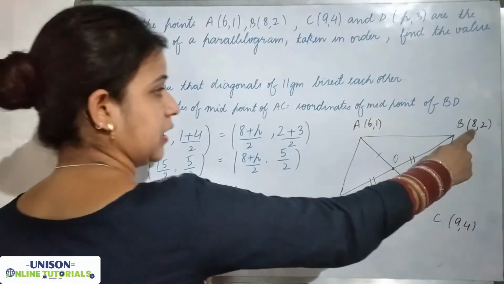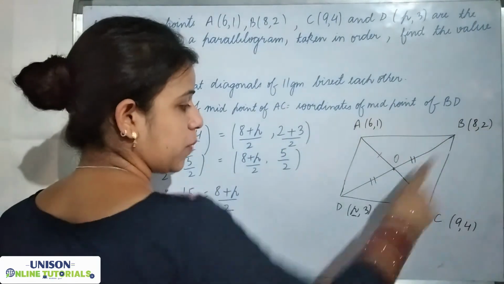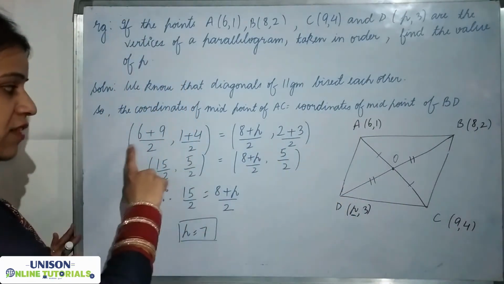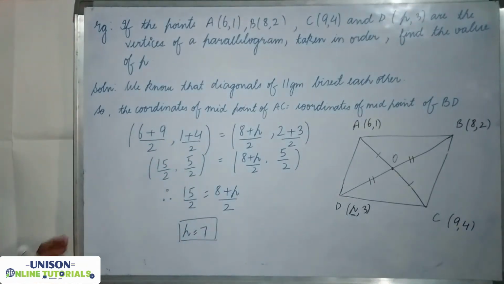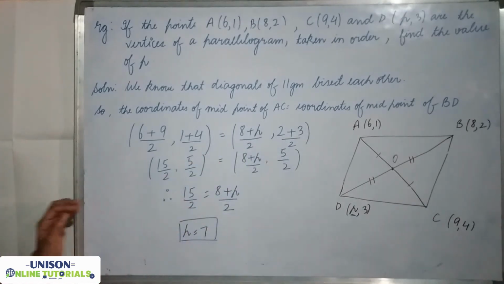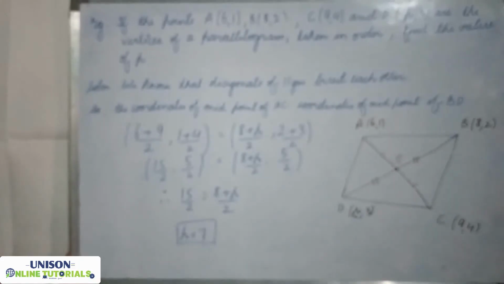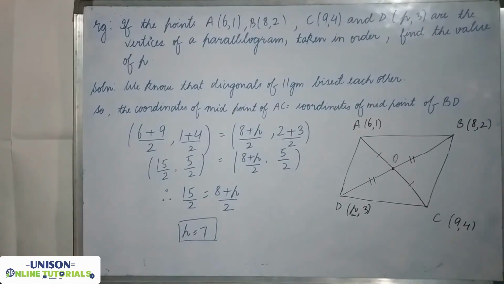Similarly, for BD, (8 plus p) by 2 and (2 plus 3) by 2. Now equate these and get the value of p. So here in this case p equals 7.